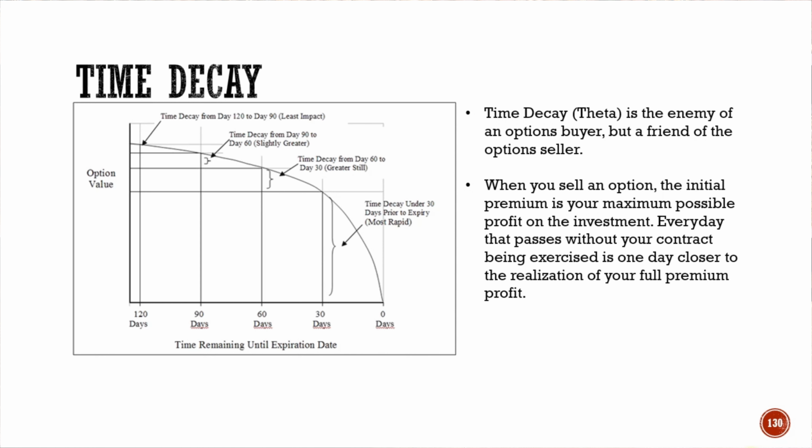So time is their friend. Looking at 120 days, 90, 60, 30, 0, the value of that option will decrease the closer you get to expiration, especially if that underlying asset has not moved during the time period.